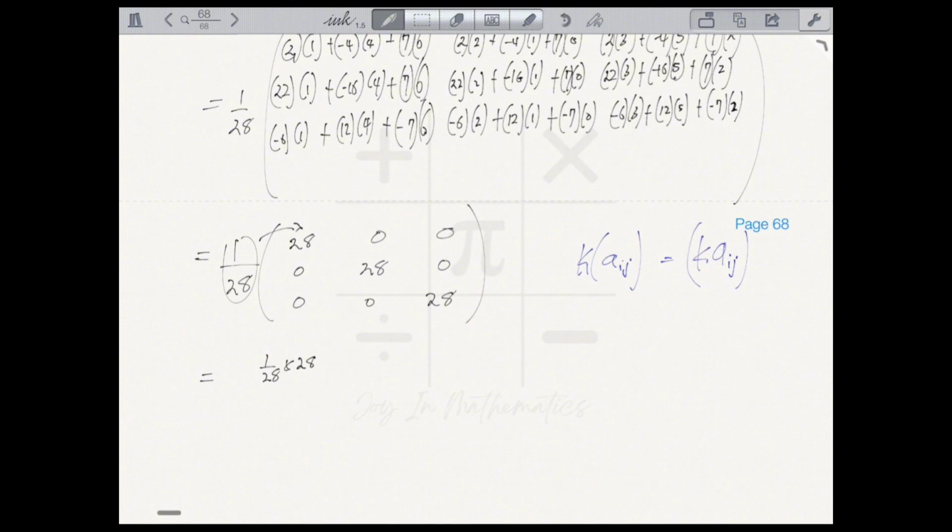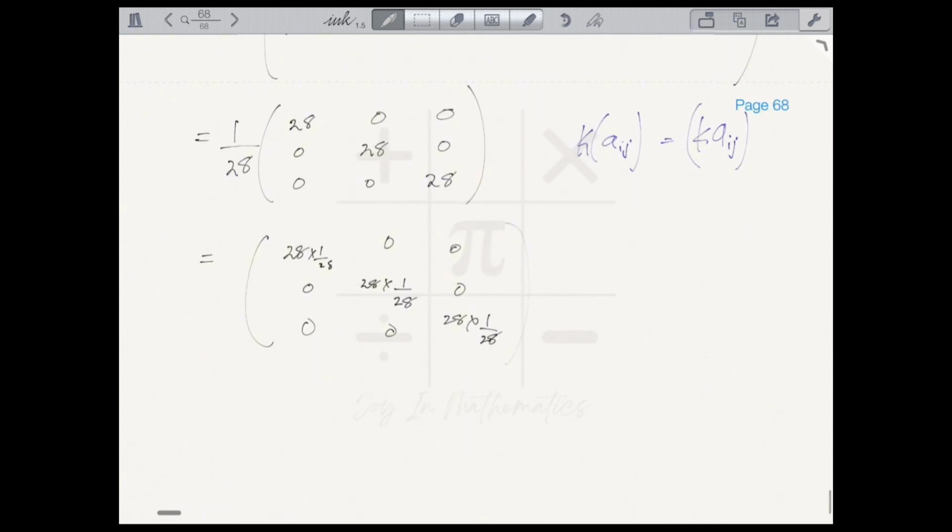So we can take a shortcut instead of going all the way and multiplying 1 over 28 by all the terms. Since we know that 1 over 28 multiplied by 0 will result in 0, we just leave it like that, and we just deal with the diagonal terms. So this will give us 28 multiplied by 1 over 28, three times, and 0 elsewhere.